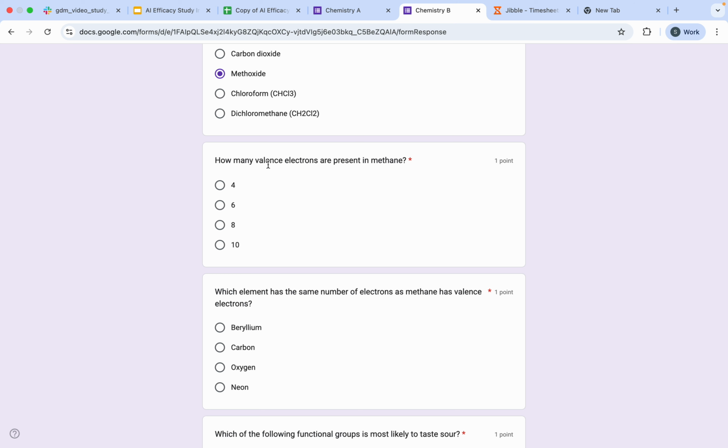How many valence electrons are present in methane? Methane contains how many valence electrons?